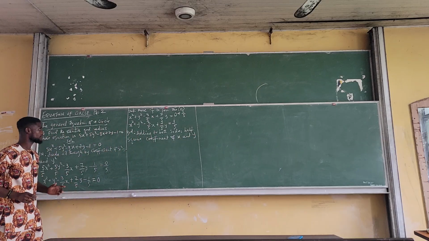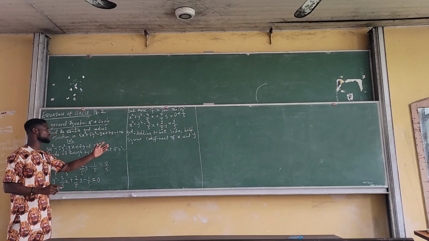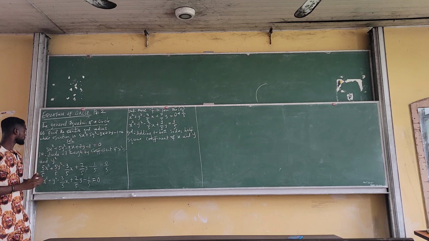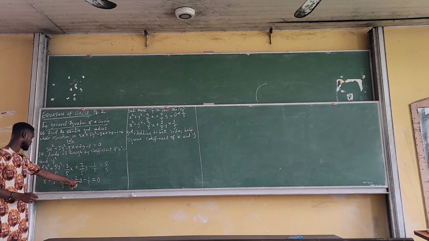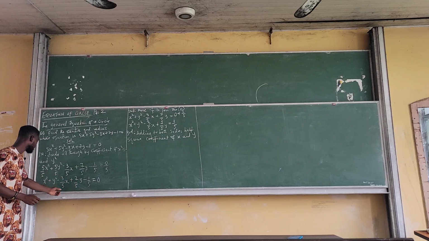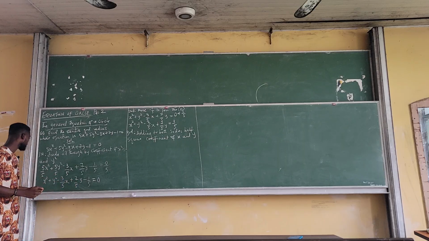That is the third step. Adding to both sides half coefficient of x and y. So what is the coefficient of x and y? Look at x. Look at y. So the coefficient of x and y, you add to both sides.